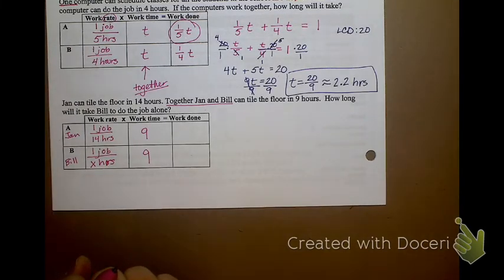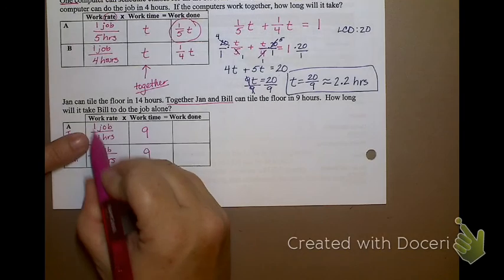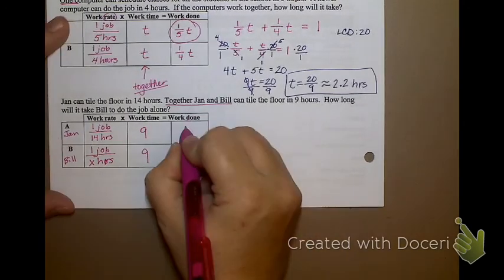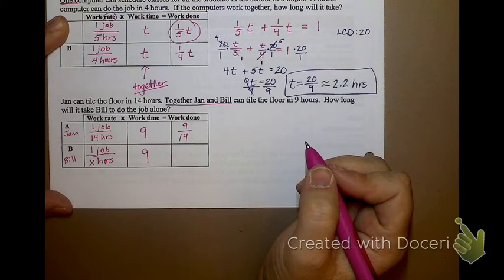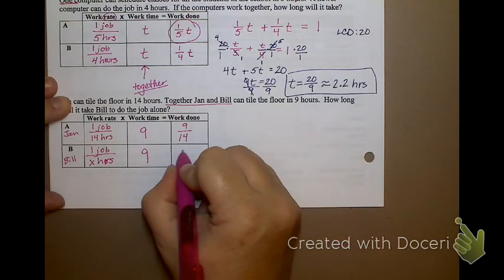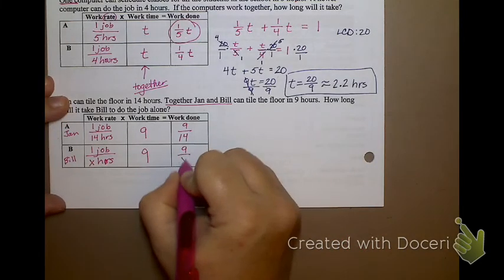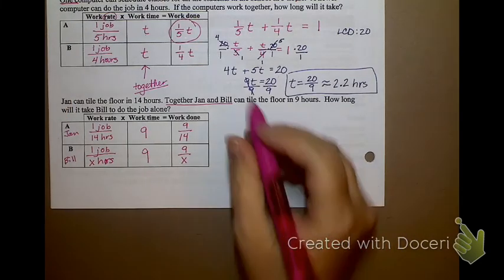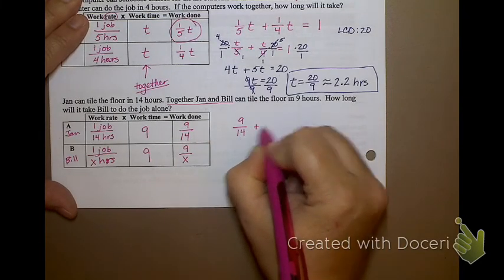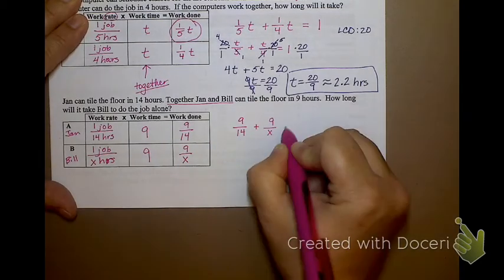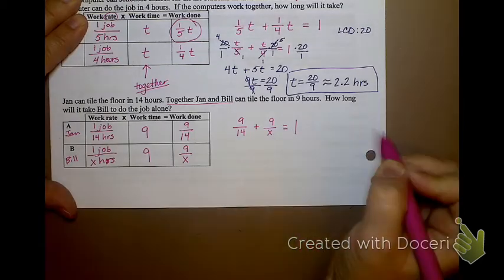So what's 1 over 14 times 9? 9 over 14. What's 1 over x times 9? 9 over x. So what's my equation? 9 over 14 plus 9 over x equals 1 full job.